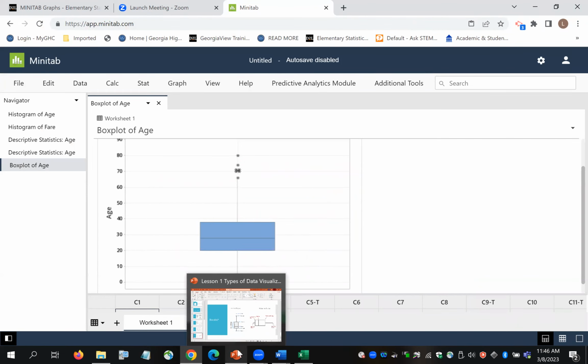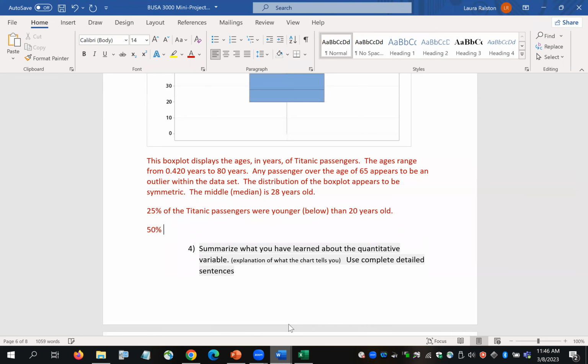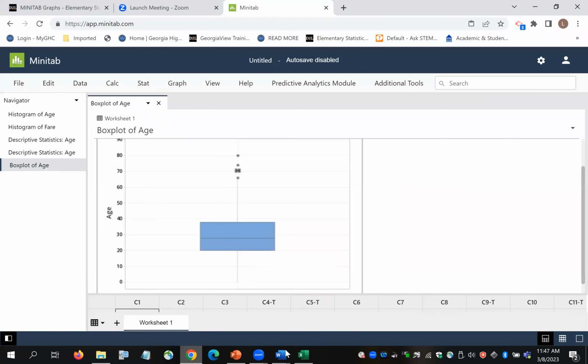So 25% of the Titanic passengers were below or younger than 20 years old. 50% of the Titanic passengers were younger than 28 years old, because that was the median. 75% of the Titanic passengers were younger than, and let's see what quartile 3 was. Quartile 3 was 38.